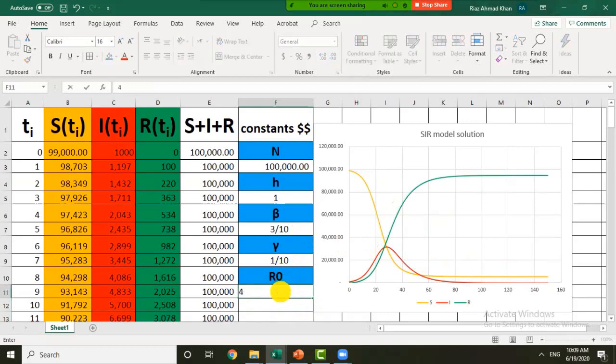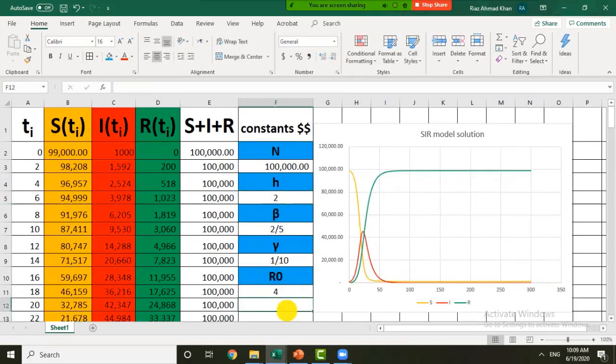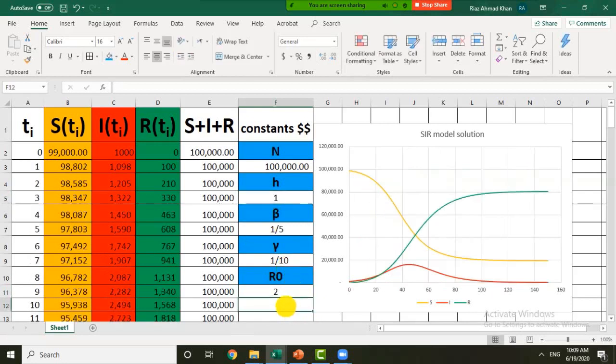Or if R naught is 4, for example. Similarly, if we use other values of H, for example, we use 2. These are all factors that can change the solution. You can practice, you can find your own SIR model. You can construct it by using these techniques.